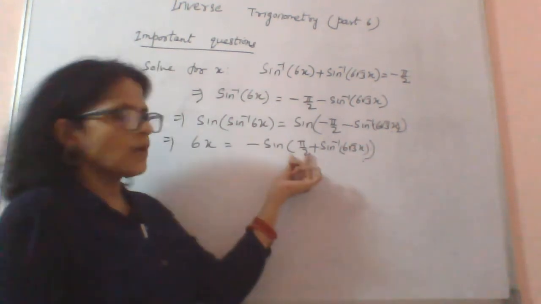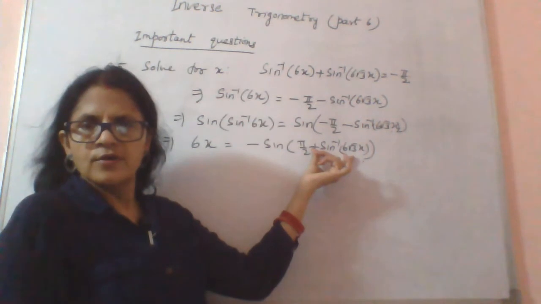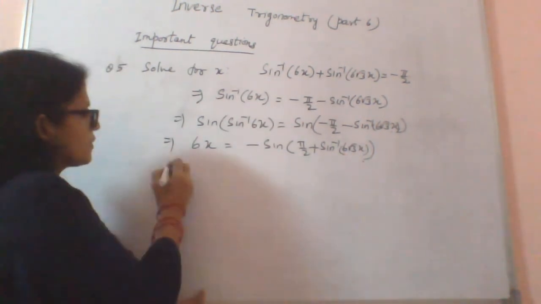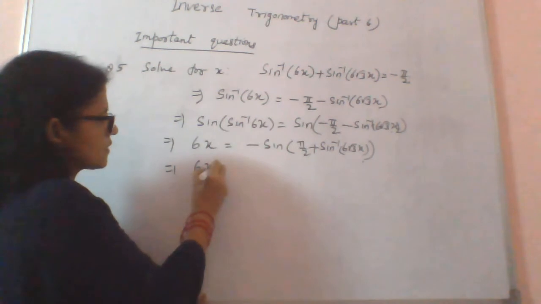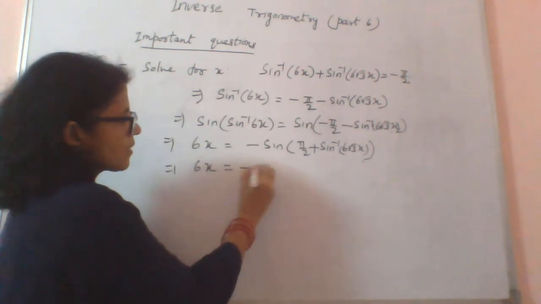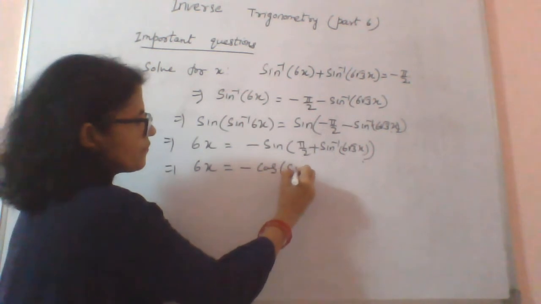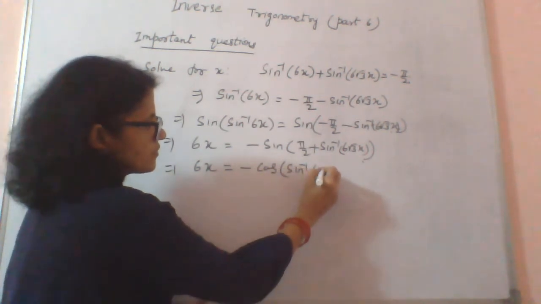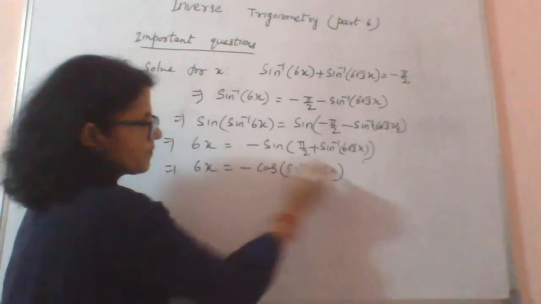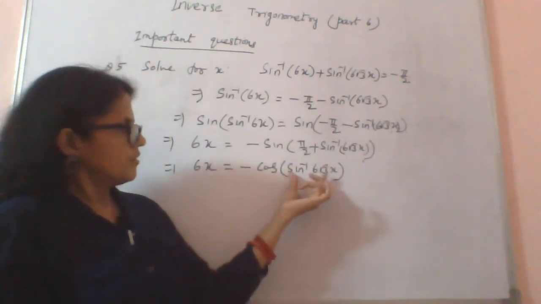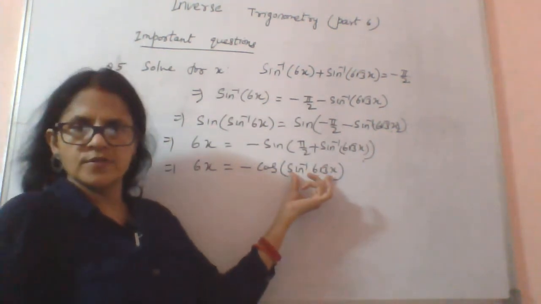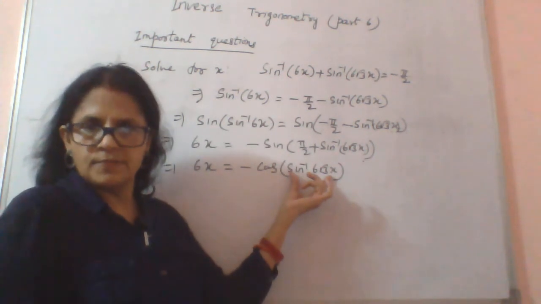So sine of pi by 2 plus theta is cos theta. So it means you are getting here 6x equal to minus cos of sin inverse 6 root 3x. So if we can make it cos inverse, our work will be simpler.